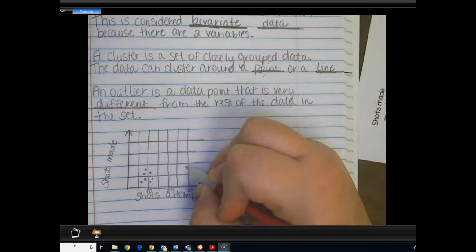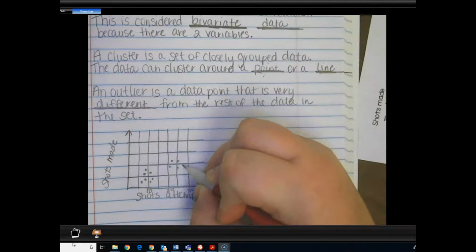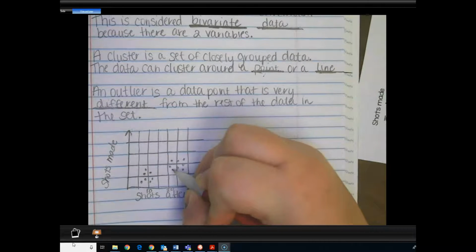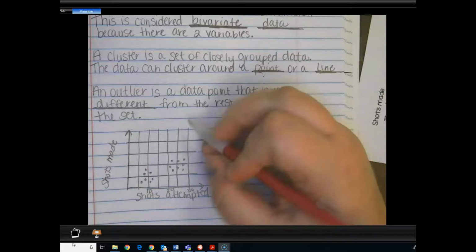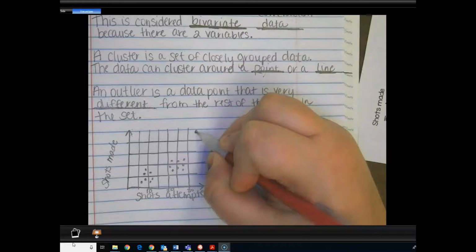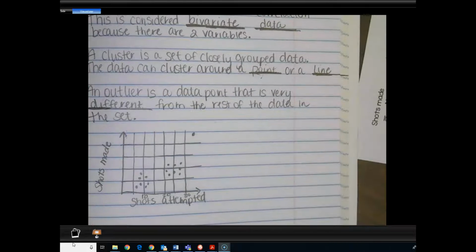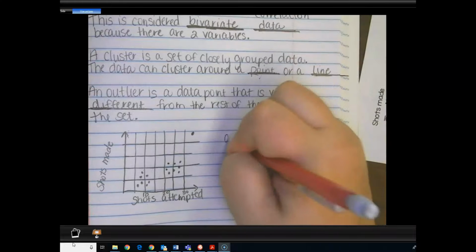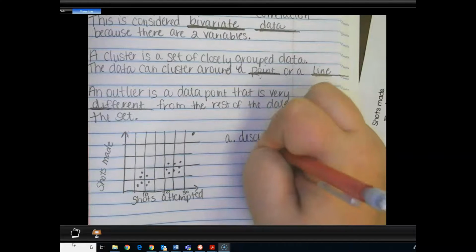And then between the 20 and 30, I'm going to put a bunch of dots up here. And then I'll put one dot way up here. If you need more time to draw that, then pause it and push play when you're done. So A, our first is going to be to describe any clusters.